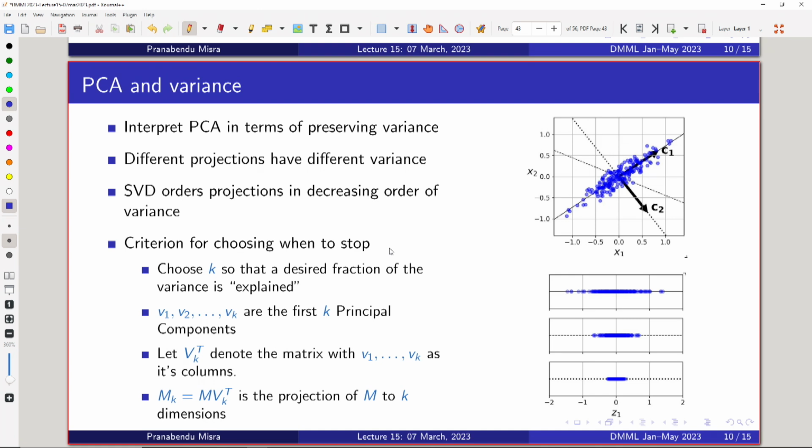As you keep increasing the length of that summation, what remains unexplained becomes smaller and smaller. That is what happens. So, once again, the stopping point, or what rank you use where you stop, is something you have to look at the data and figure out, but the idea is essentially the same, right.